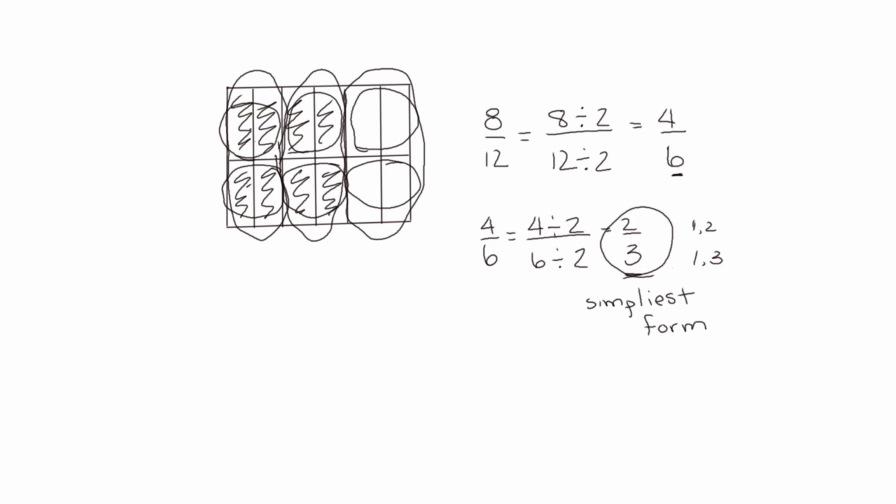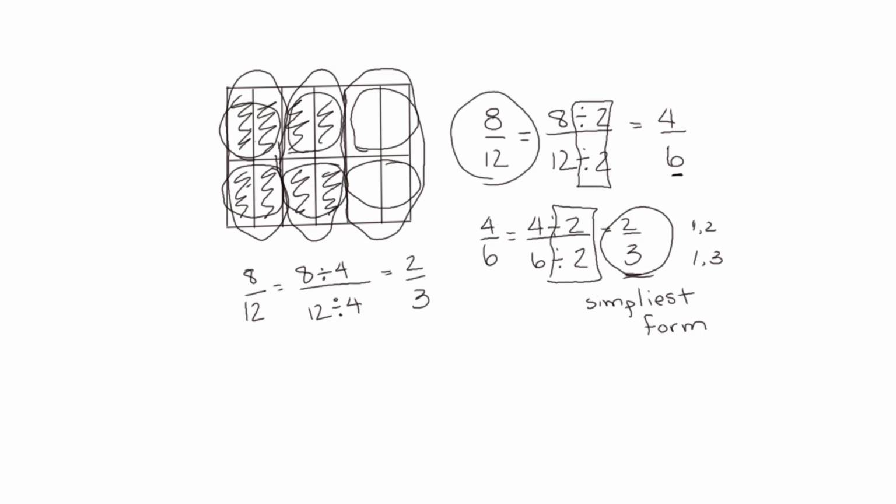So that's simplest form. Now let's look at what we did here. First we divided by 2, and then we divided by 2 again. So instead of doing that as 2 steps, we could have initially divided both the numerator and the denominator by 4, since 4 is a factor of both 8 and 12, and we get directly to 2/3.